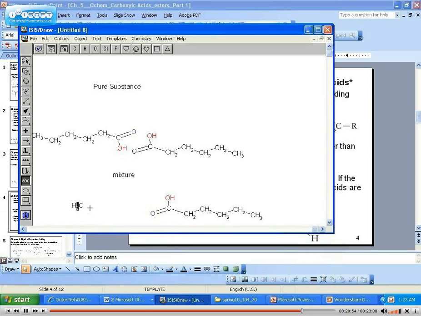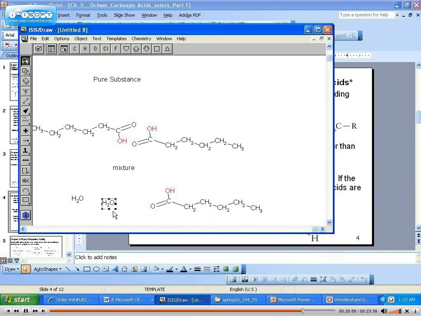Let me multiply this one right here. In this case, the hydrogen on the water molecule is going to hydrogen bond with the oxygen.